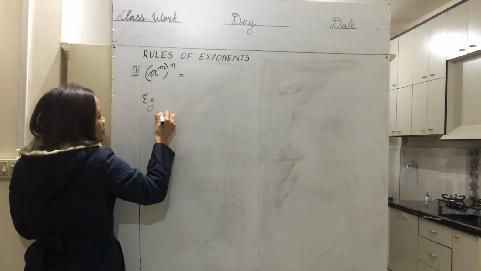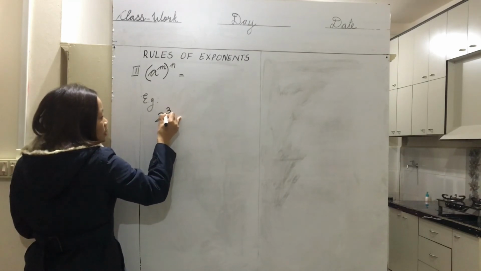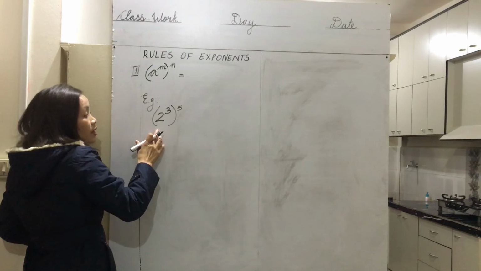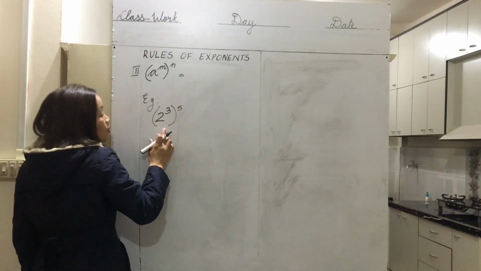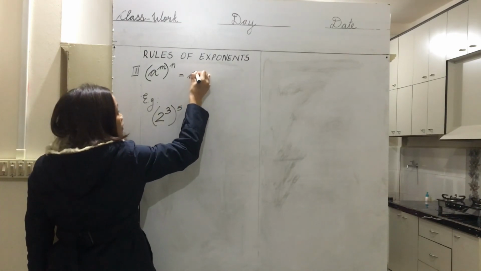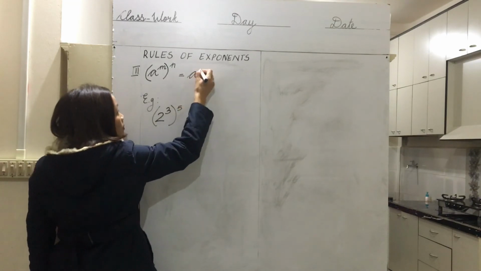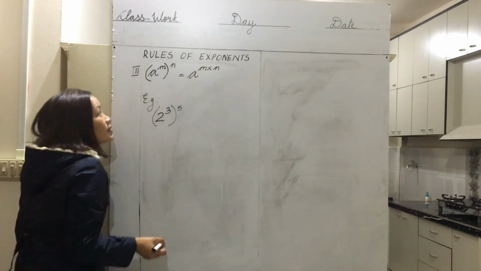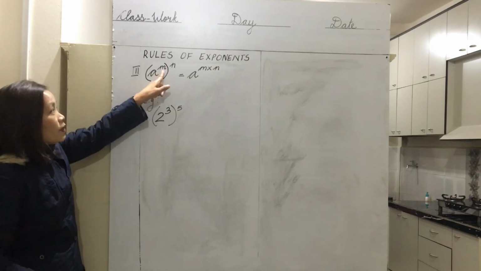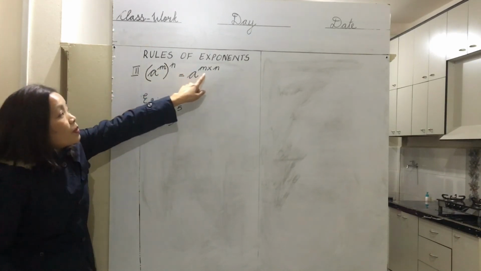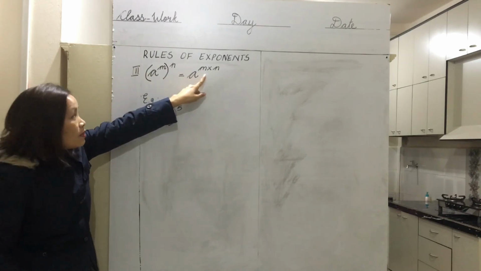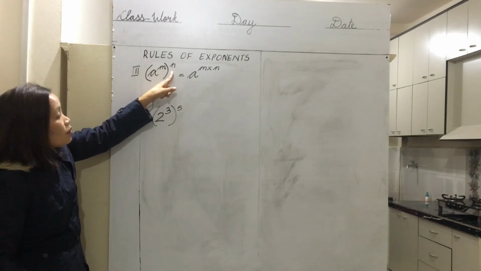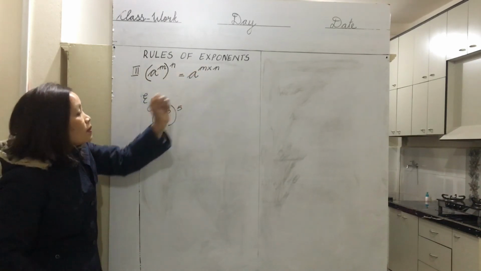That means when we have 2 to the power 3 whole power 5, right? When we have numbers in this form, so how are we going to solve it? This equals a to the power m multiplied by n, right? This means when we have double powers like this, we will be multiplying their powers, right?